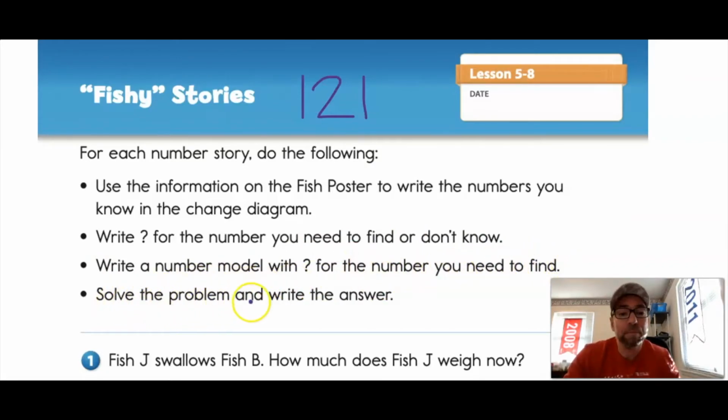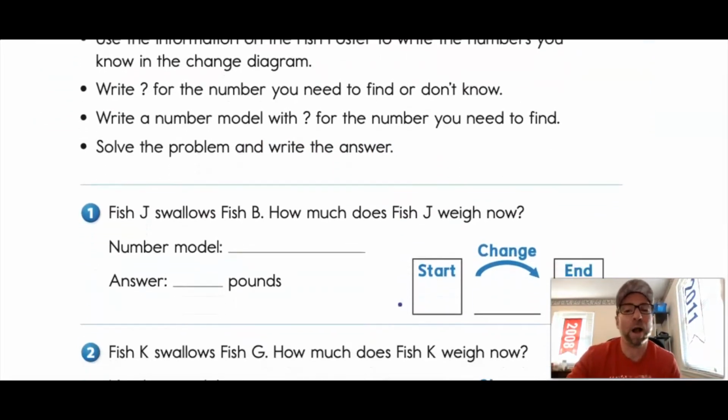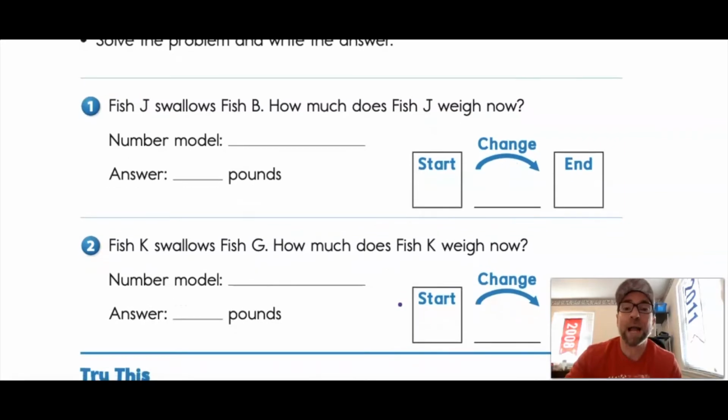Solve the problem and write the answer. Well, that's just like what we did in our start, change, end warm-up. So let's look at number 1. Number 1, I notice there's a start, change, end box. So we're going to need that to solve this problem.